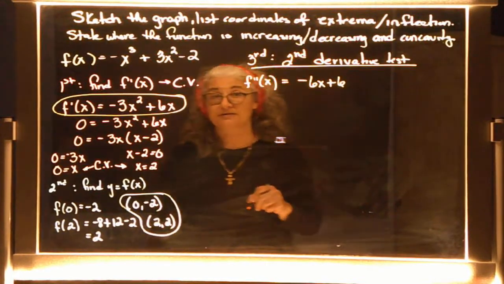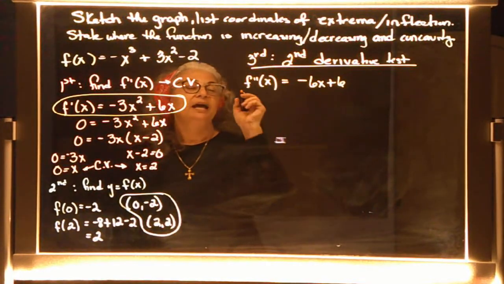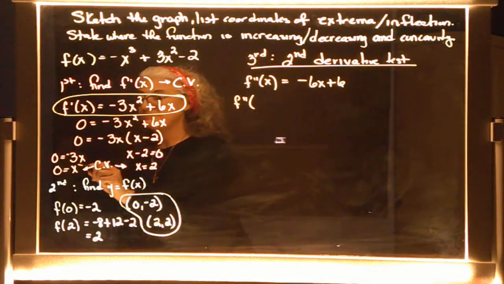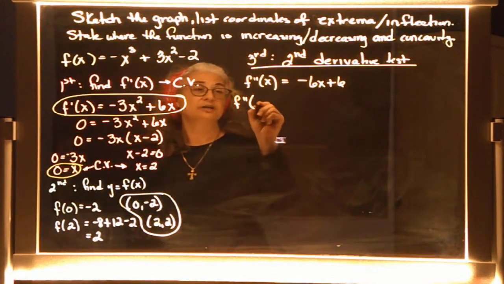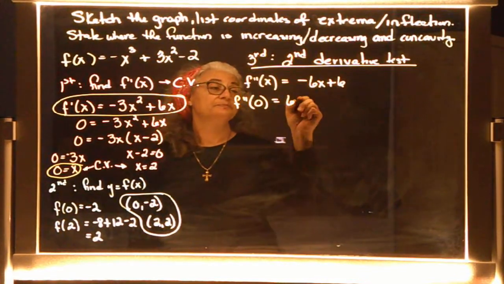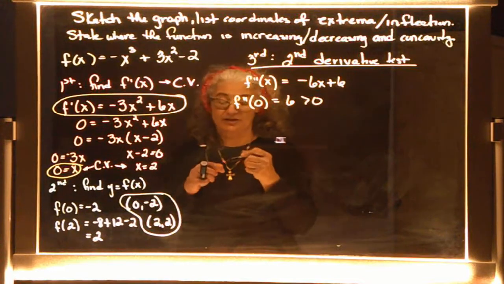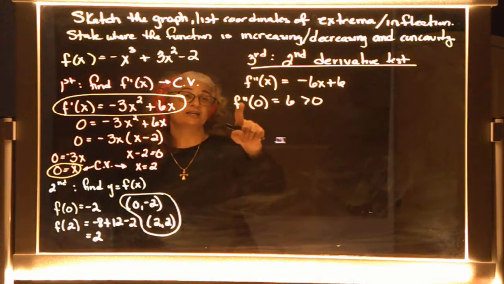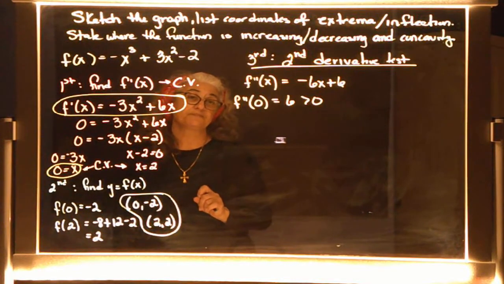Is that correct? Okay. And I am going to take each critical value, the 0, I'm going to use that one first. When I plug it in, I get 6, which is greater than 0, right? It's a positive number, which means, which way does this concave, since I'm talking a second derivative?